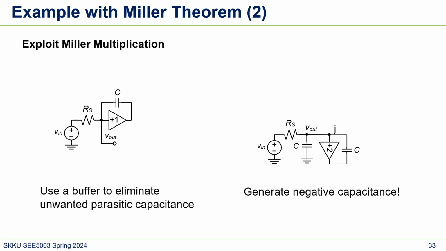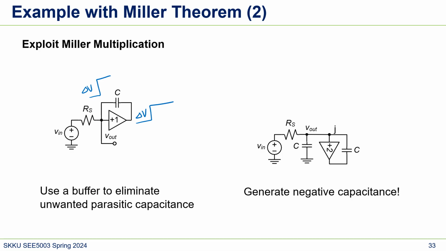First, intuitively, if you change the voltage here, this buffer just gives the same voltage, right? So from the capacitor's view, there's no voltage change across the capacitor, which means no current flows. So this capacitor just gets ignored.